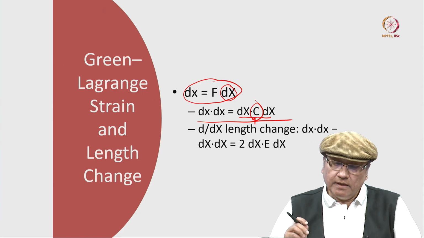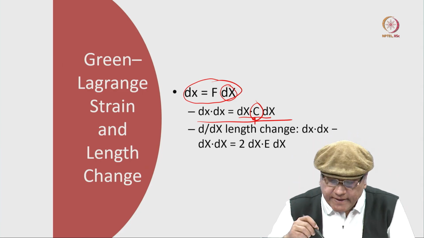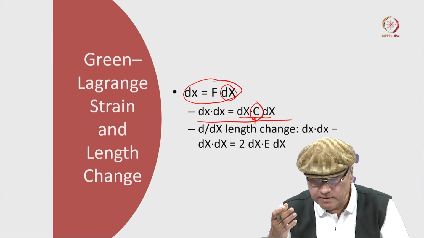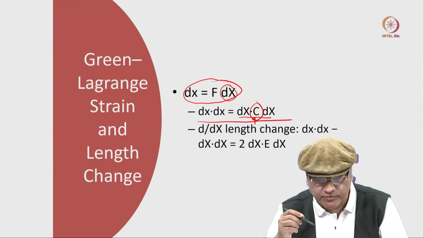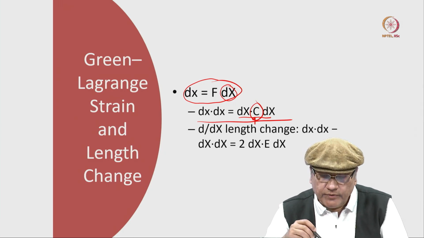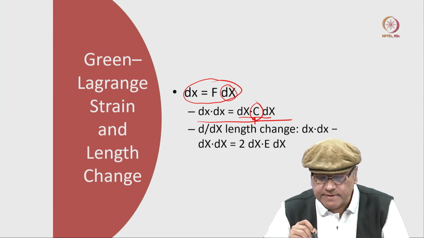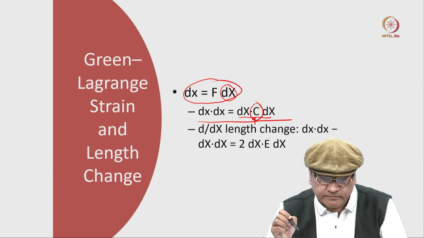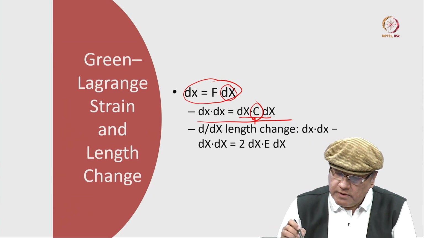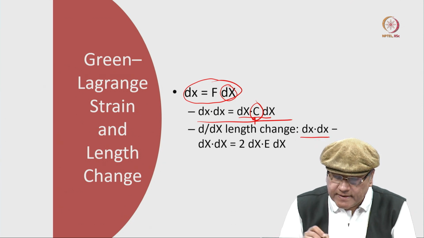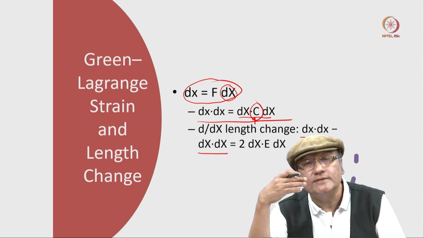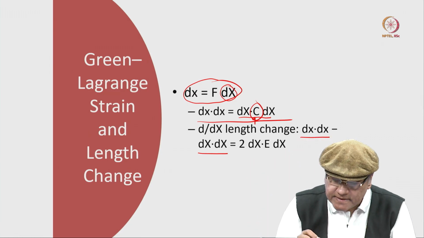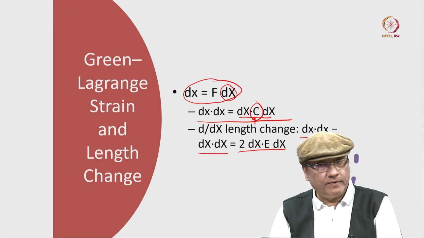We can write this not just in terms of the metric C, the Cauchy-Green strain, but also in terms of the Green-Lagrange strain, and therefore we can write it as 2 dX dot E dX. Just put in the relationship between C and E, and in the process we can show that the change in the squared length between the spatial and material configurations is simply given by this quantity, all right.